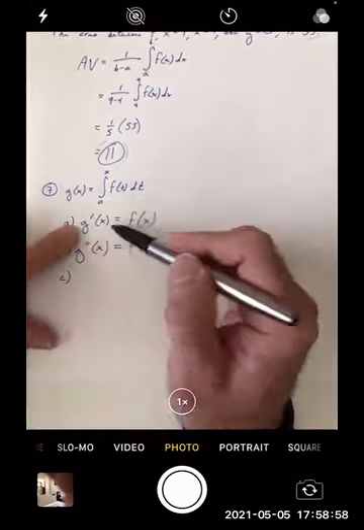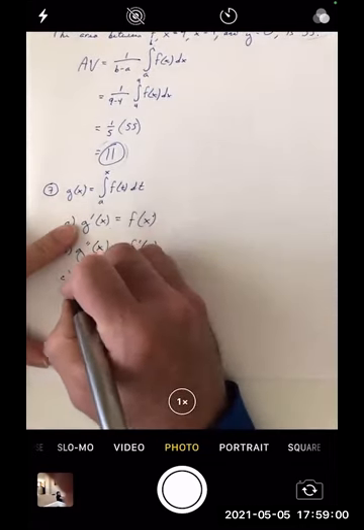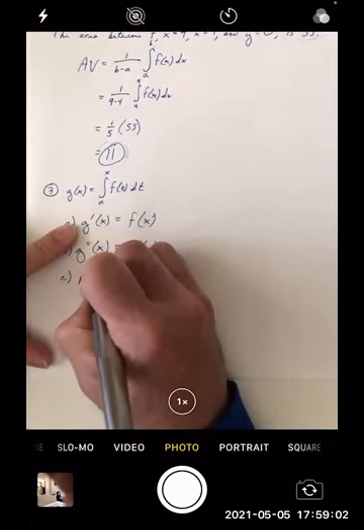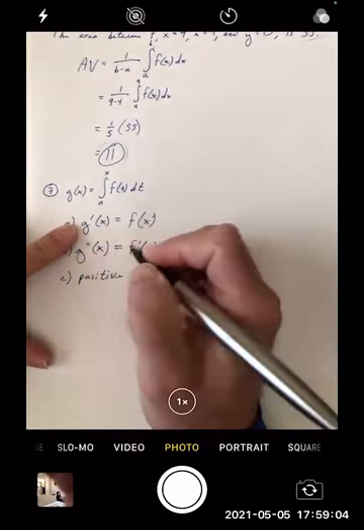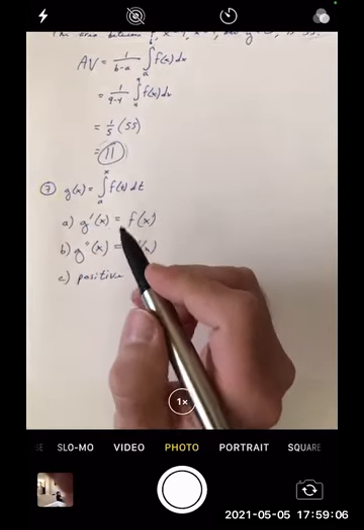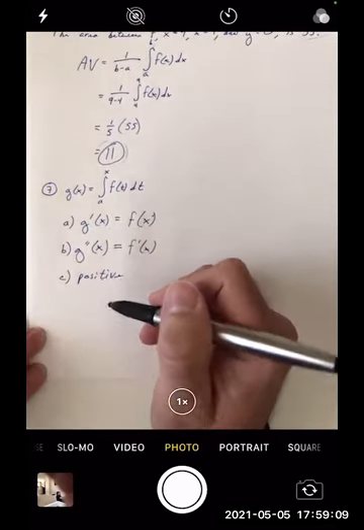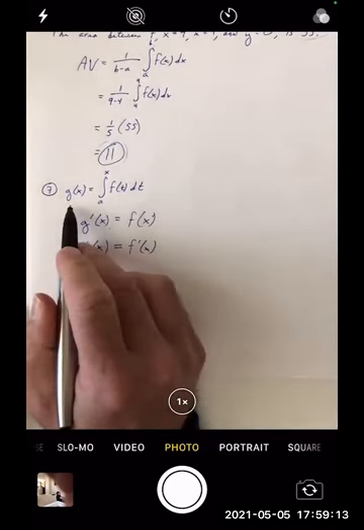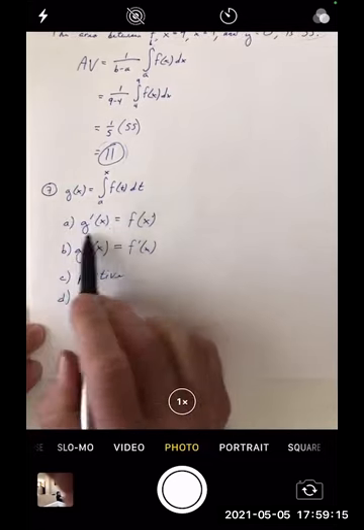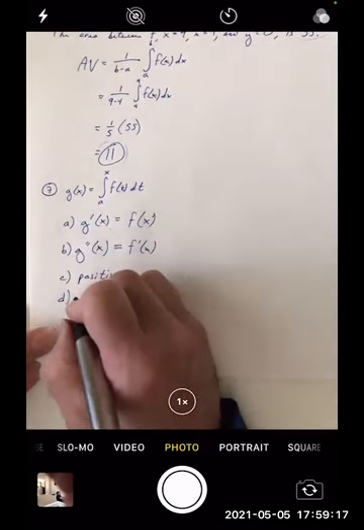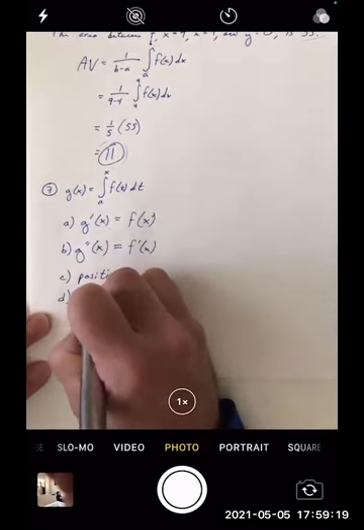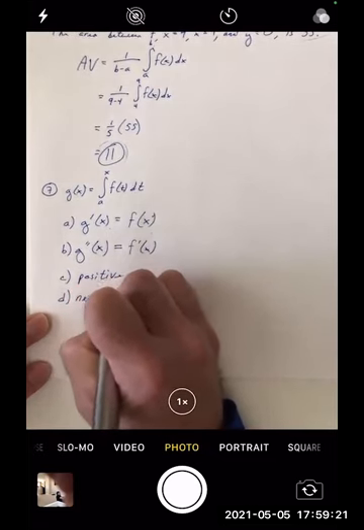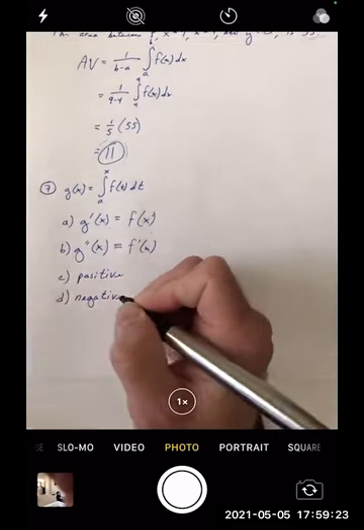So the derivative of g is f. So if that's positive, that means that g is going to be increasing. So then the flip of that would also be true. So g of x is decreasing when its derivative, or f, is negative, or less than 0.